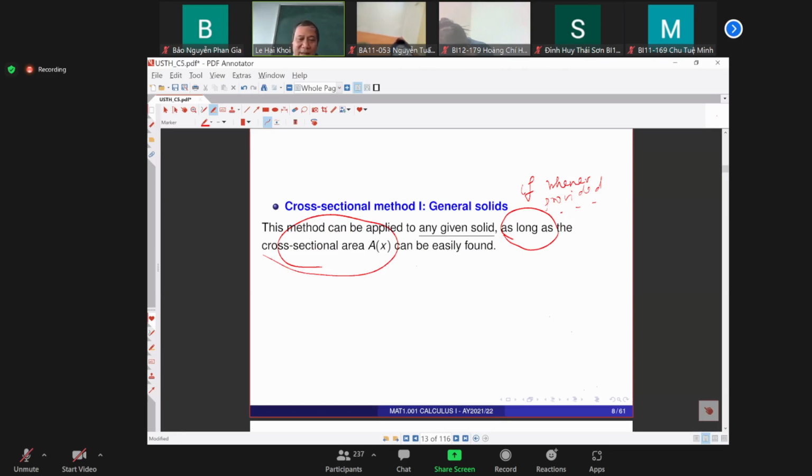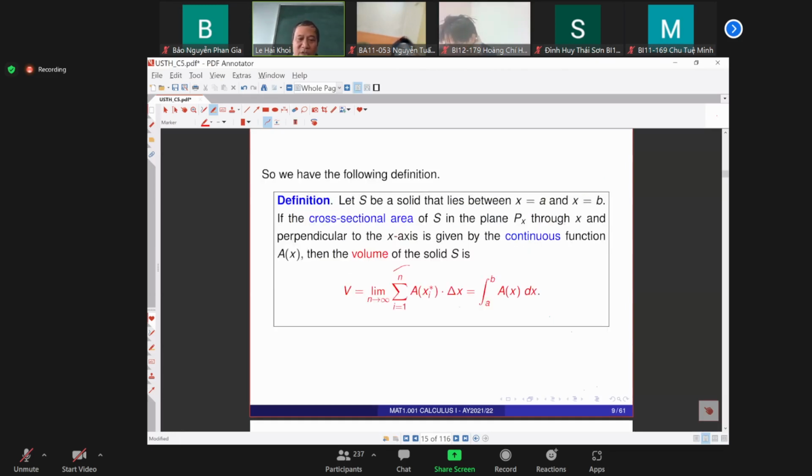See, you have the volume of the approximation, and then we let the interval ab be divided into n parts, each of length b minus a over n, and let n tend to infinity. If this limit exists, then we call the value the volume of the solid and we denote it by the integral from a to b of A(x) dx.